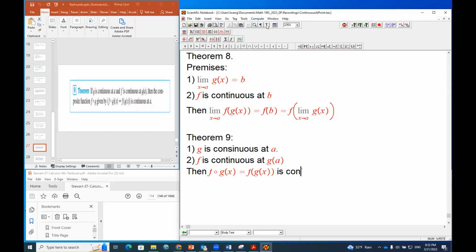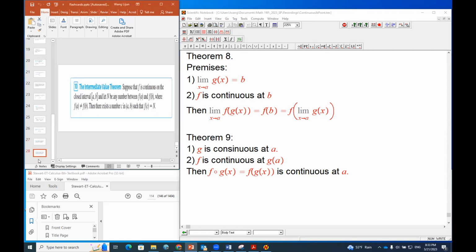Two continuous functions make a composite function, and the resulting composite function is also continuous. The composition of two continuous functions is continuous at point a. So this theorem says that.